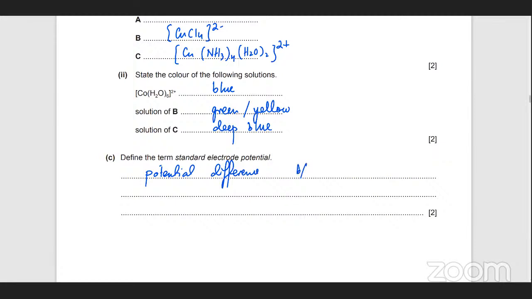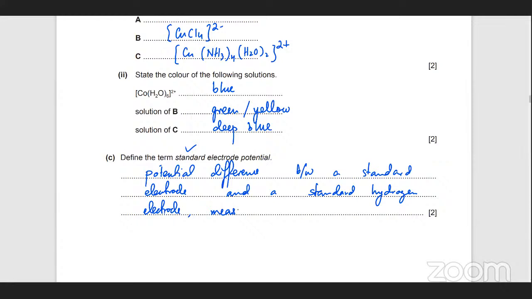Potential difference between a standard electrode and a standard. You also say the conditions. I mean, it would be better if you wrote the conditions as well, because you're writing standard conditions. So it's the electrode potential between a standard electrode and a standard hydrogen electrode. Okay, that's your reference electrode. Measured under standard conditions. And you can add the conditions in the bracket just to be on the safe side.